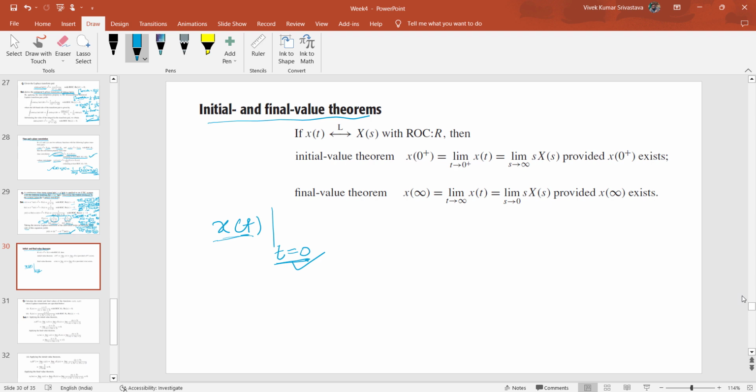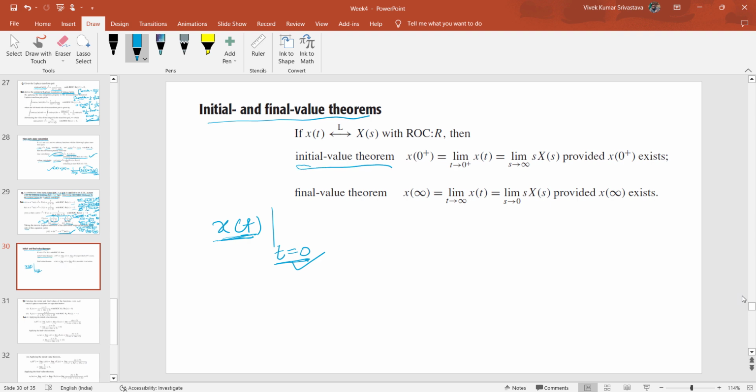But if suppose, corresponding to this x(t) signal, X(s) is given to you, and you have to evaluate the initial value corresponding to this X(s), what you have to do is first calculate x(t) by using this X(s). So this will basically take time. To make this problem easy, we will use the initial value theorem.